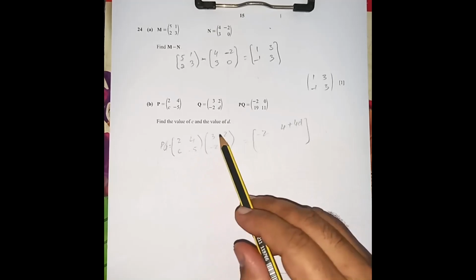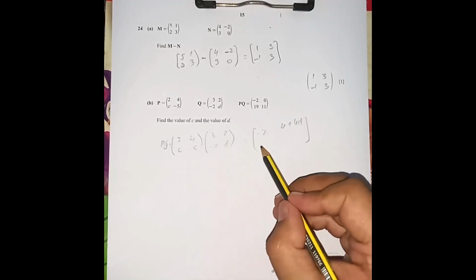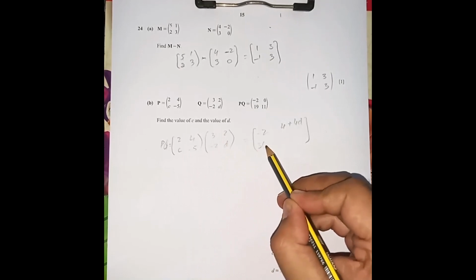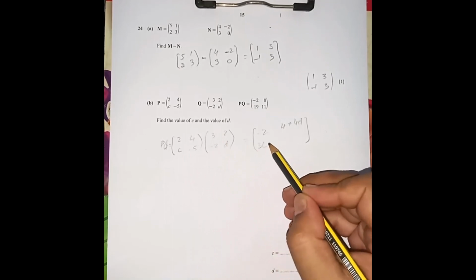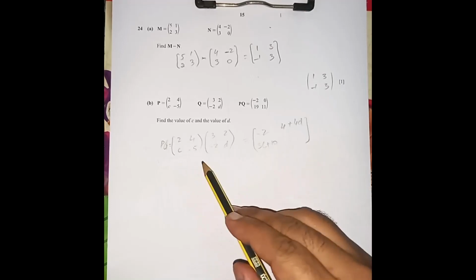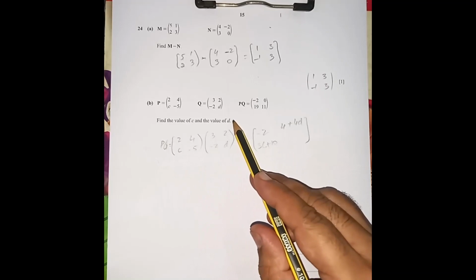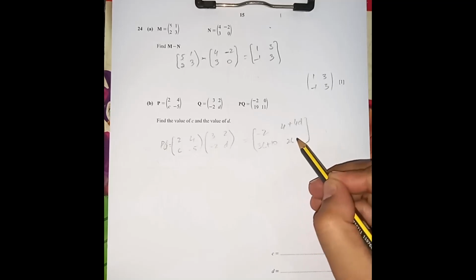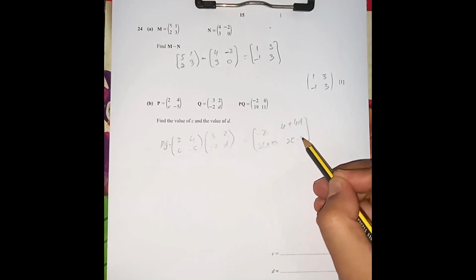The second row and first column is 3C plus 10, and the second row and second column is 2C minus 5D.